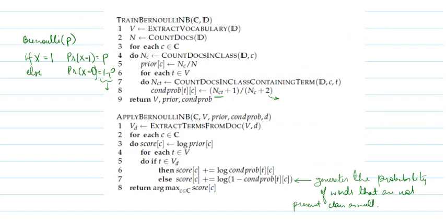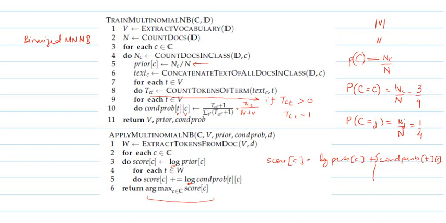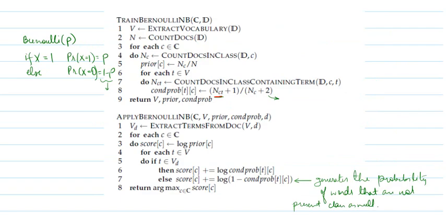The formula is almost the same, but we apply an n here, the total number of tokens, and here the total number of documents.